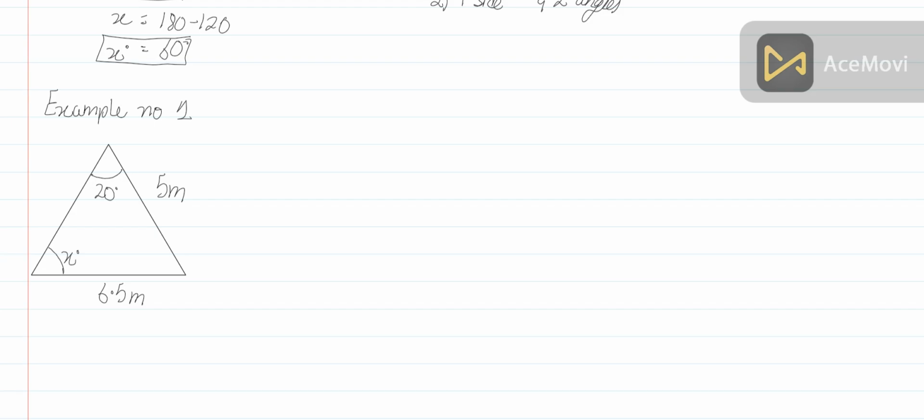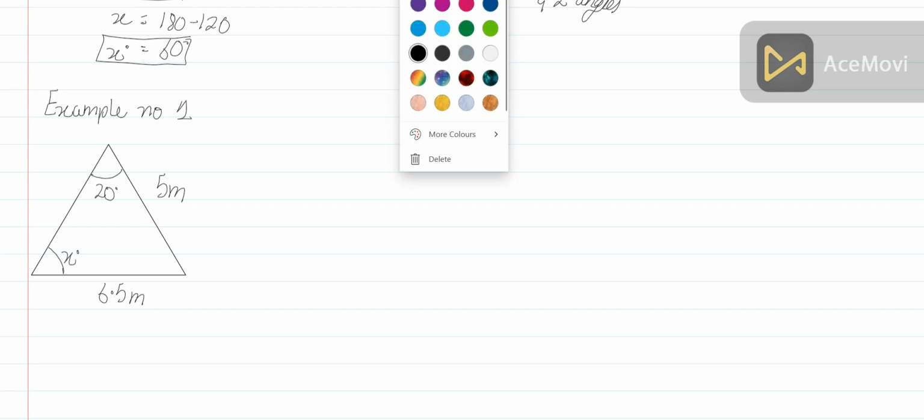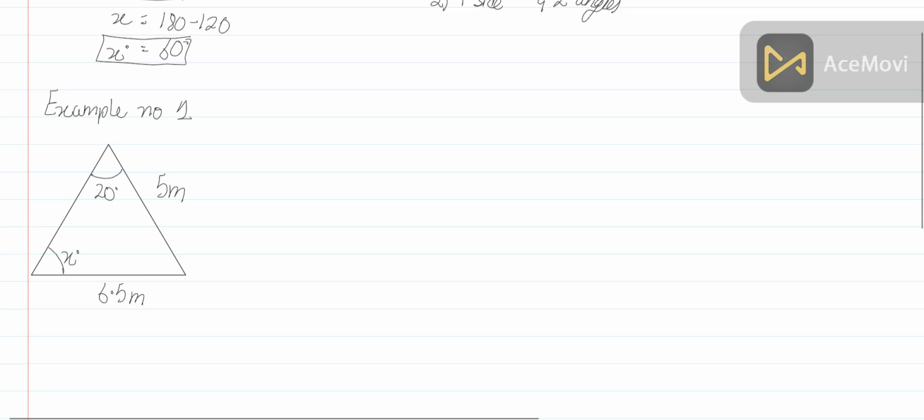So here one non-included angle is also given. This angle is non-included because this angle is not surrounded by the two known sides. So it means we are easily able to find out the angle x by using the sine rule.